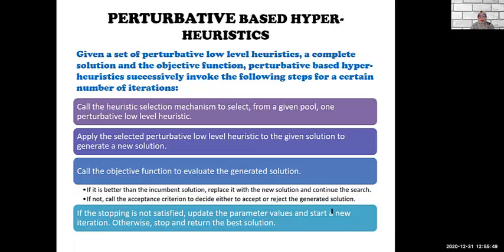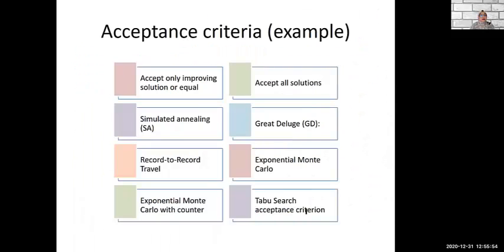In perturbative-based hyper-heuristics, we have the acceptance criteria. There are various types of acceptance criteria. These are examples of acceptance criteria that can be applied in the perturbative-based hyper-heuristic, or we can apply them in the constructive-based hyper-heuristic. First, accept only improving or equal solutions.